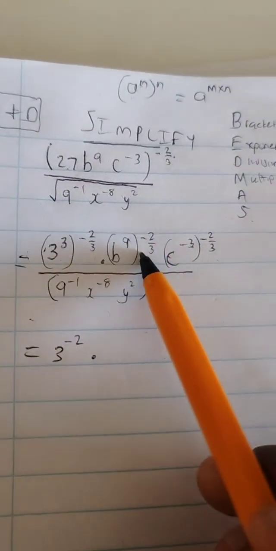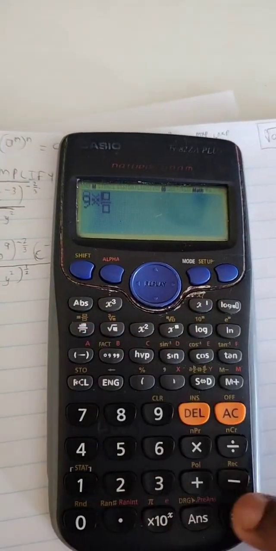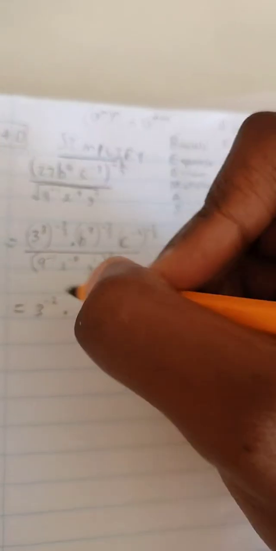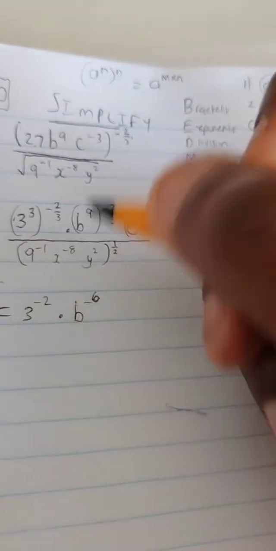So that means I'm going to be left with 3 to the power negative 2 times, same thing here, b to the power 9 times negative 2 over 3. Maybe you don't know, so you say 9 times negative 2 over 3. So the answer is negative 6. So you write b to the power negative 6.